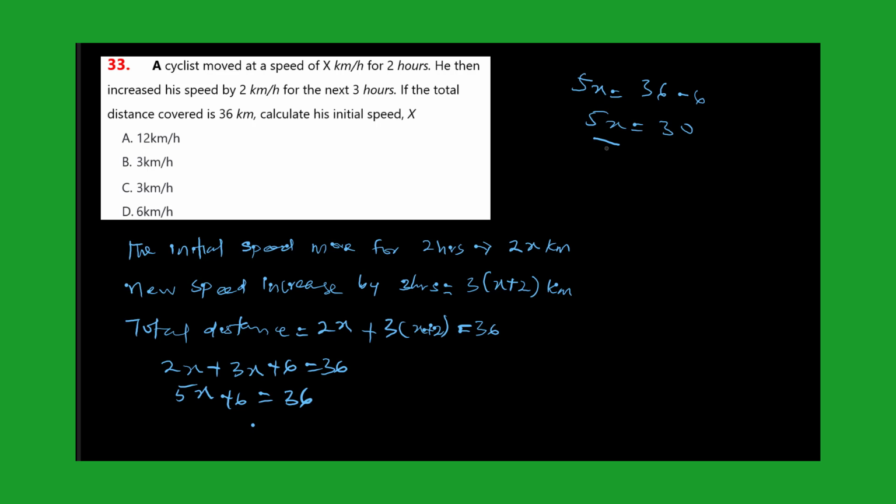Divide by 5 to get the value of s. So s will be 6. So the initial speed will be 6 km/h, which is option D.